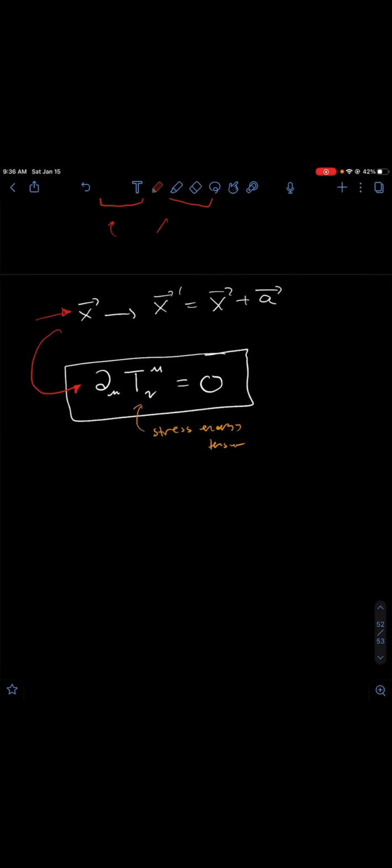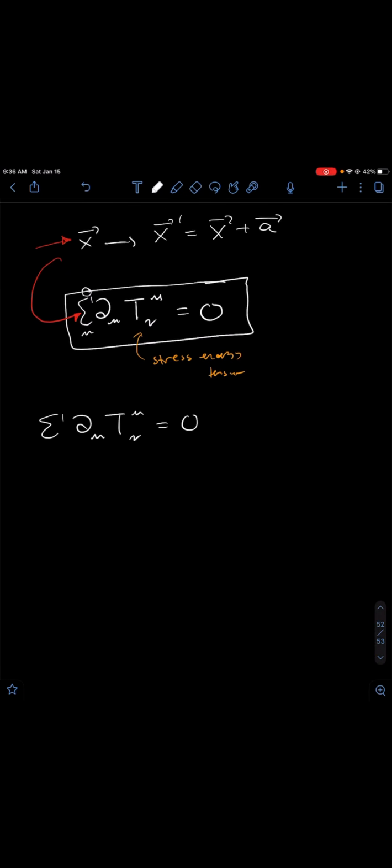All right? So we can, of course, expand this. By the way, this is actually Einstein notation, so there is an implied sum over mu, for mu up to however many parameters that we have. So partial mu T mu nu equals 0. This is a summation over mu, by the way.